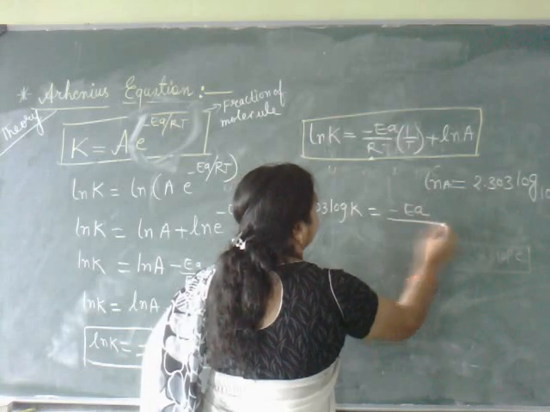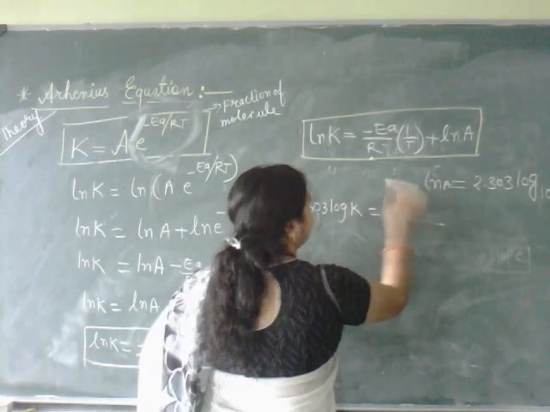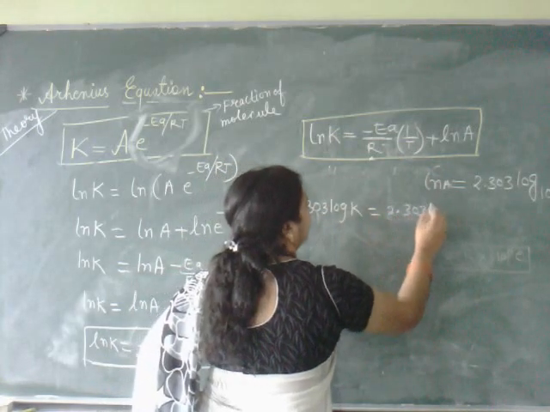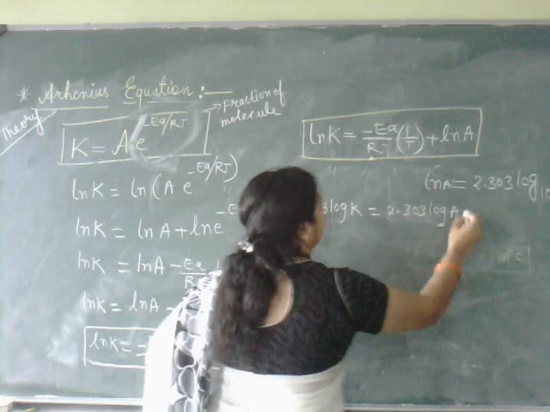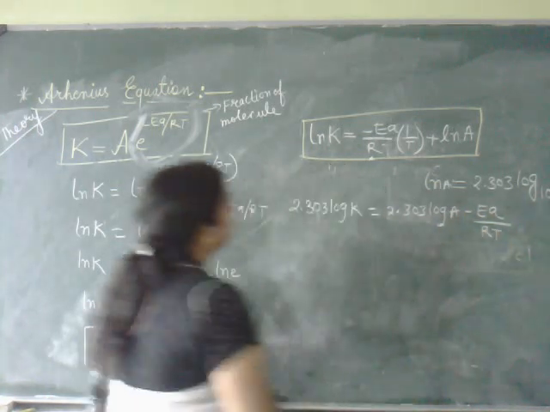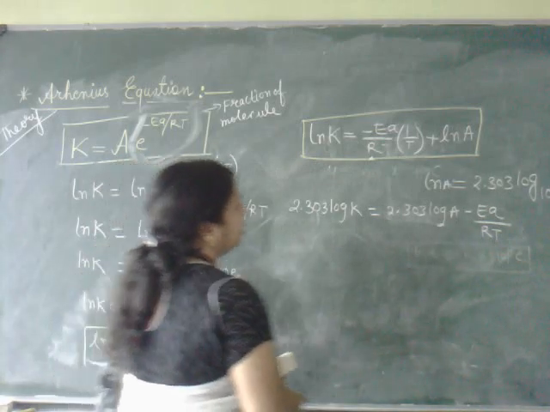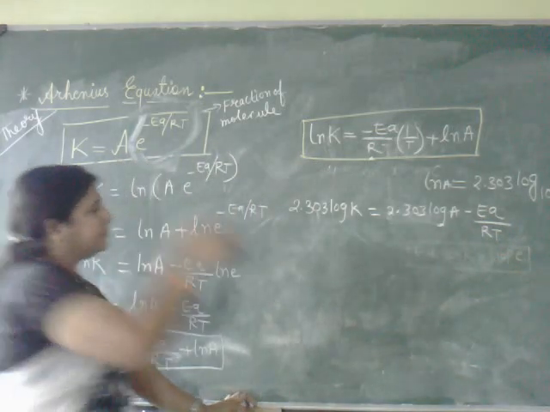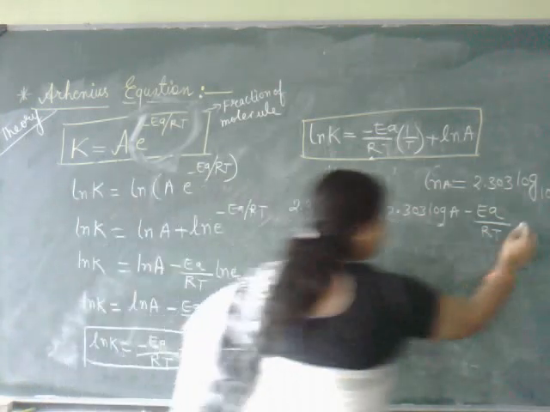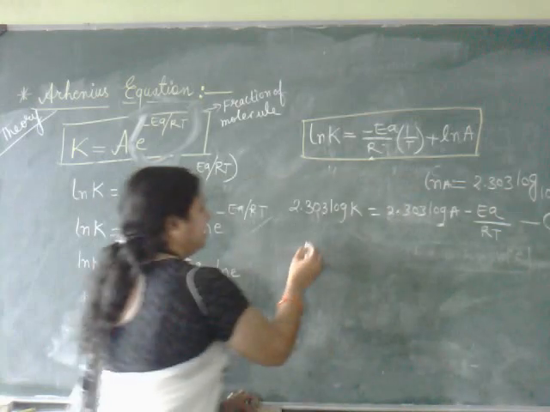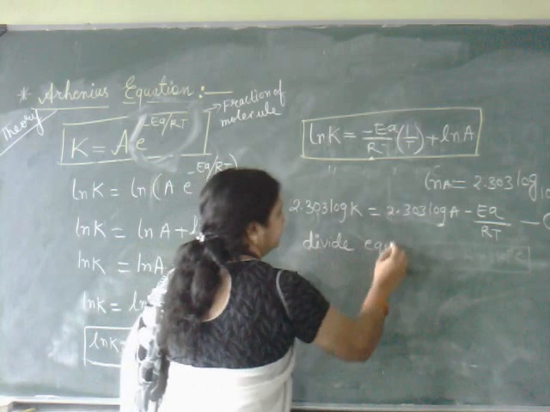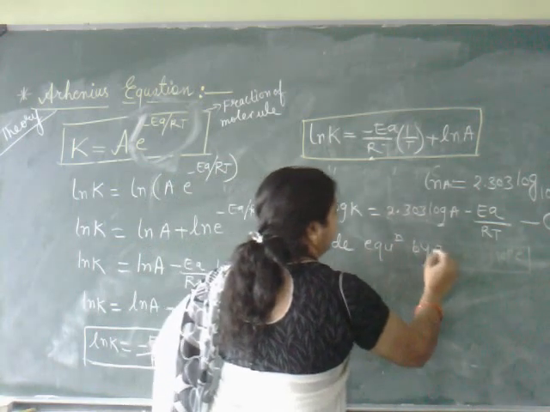I will write it in reverse here: 2.303 log A minus EA by RT. Now for this equation, in which 2.303 is there on both sides, suppose this is equation 1, we just divide equation 1 by 2.303.